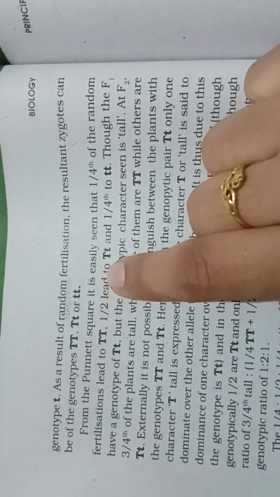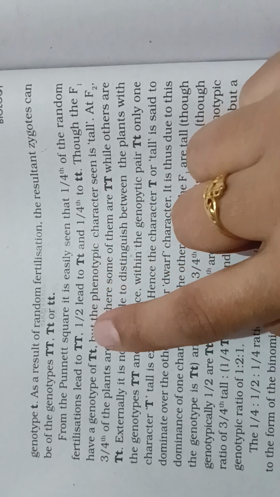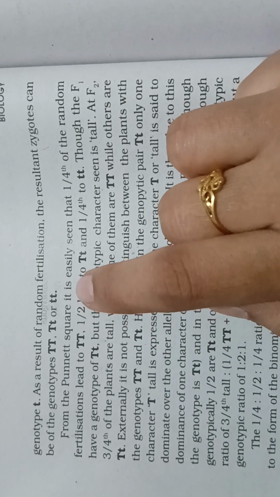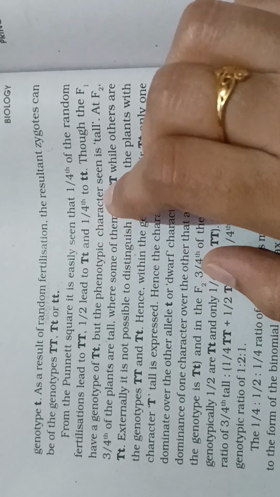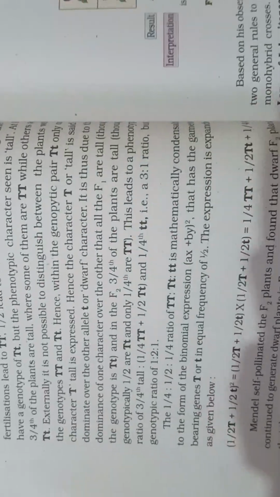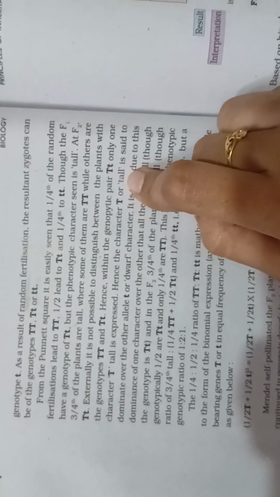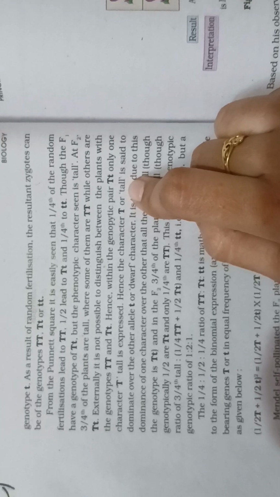From the Punnett square, it is easily seen that 1/4 of the random fertilization leads to capital TT, 1/2 lead to capital T small t, and again 1/4 to small tt. Means 1/4 is homozygous, and another 1/4 is homozygous, and 1/2 is heterozygous, so half of the progeny is homozygous and the other half is heterozygous.